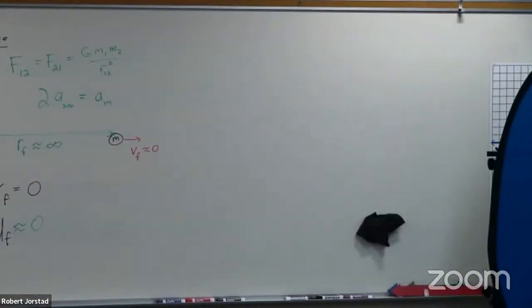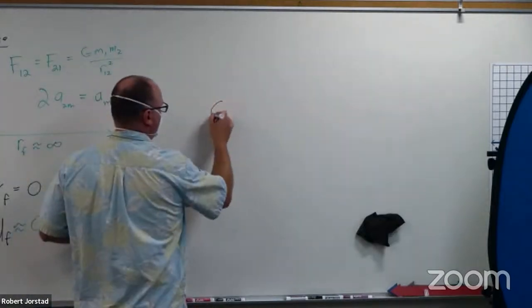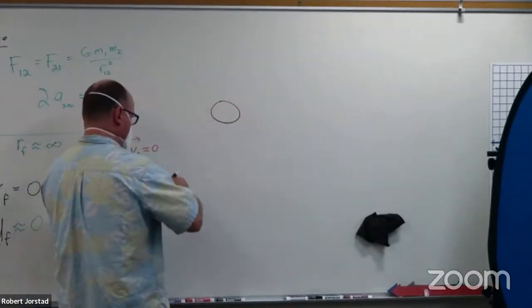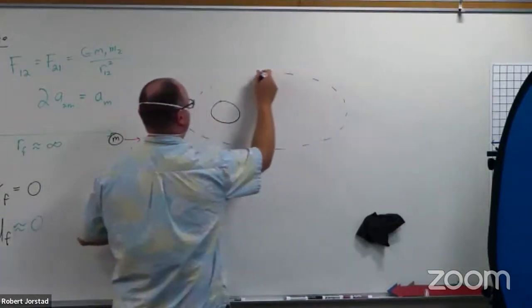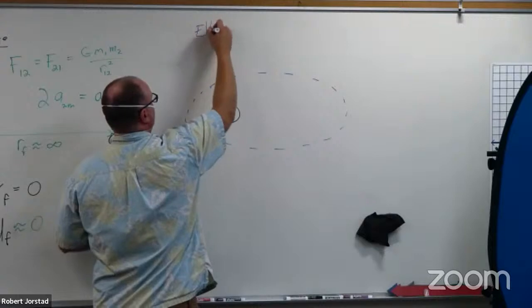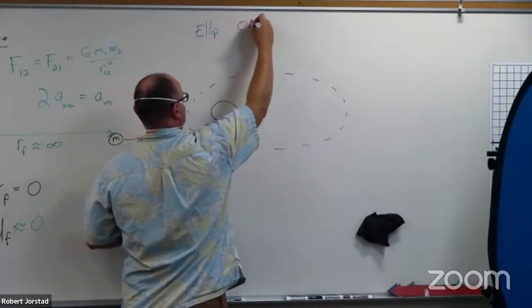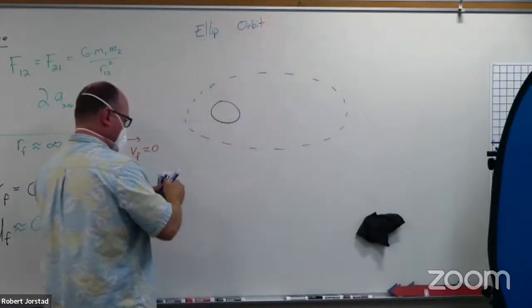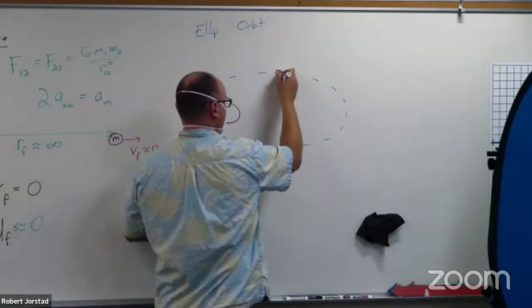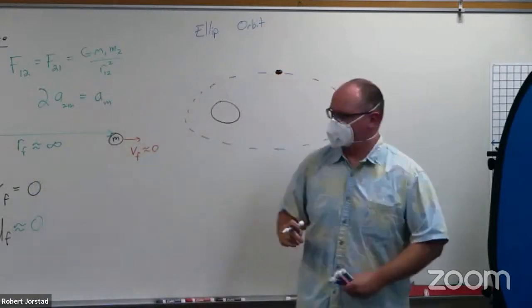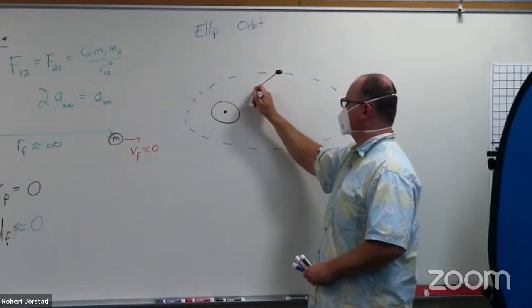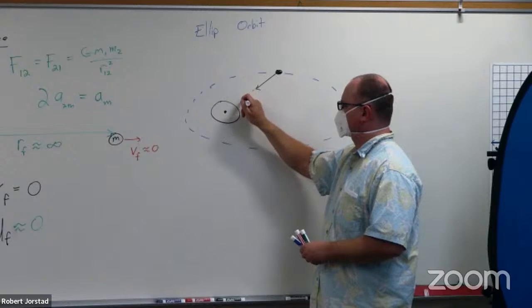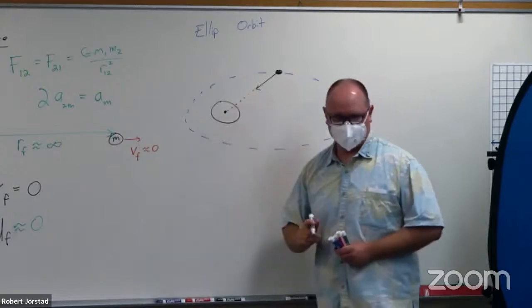If you have an elliptical orbit like this, I don't want to spend too much time on this. But at some random spot in the orbit, I just want to point out there's going to be a gravitational force towards the center.